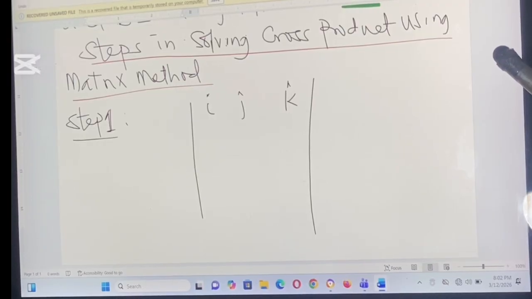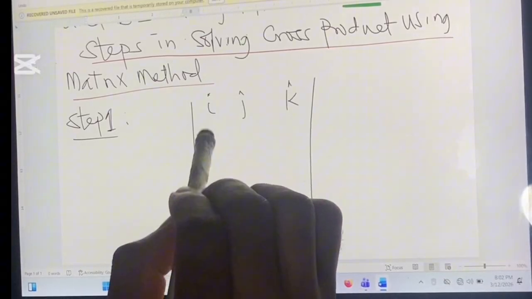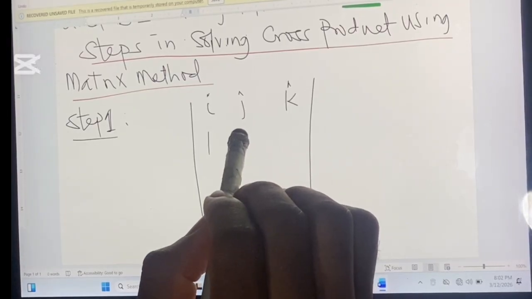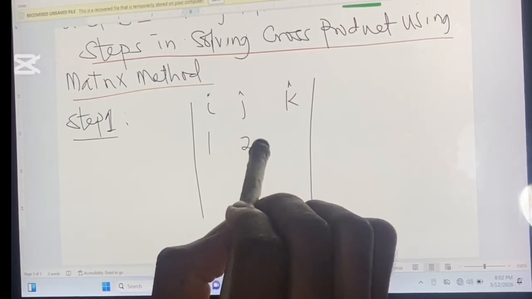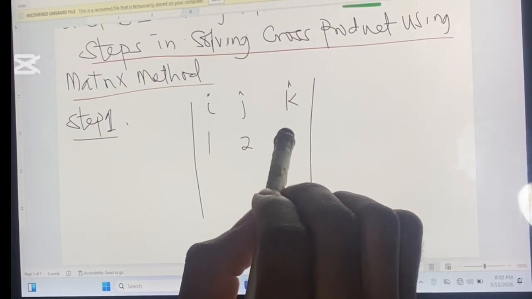The first vector is A. So I will represent the numbers of vectors i, j, k in terms of A. The coefficient of vector i in terms of A is 1. The coefficient of vector j in terms of A is 2. The coefficient of vector k in terms of A is minus 3.